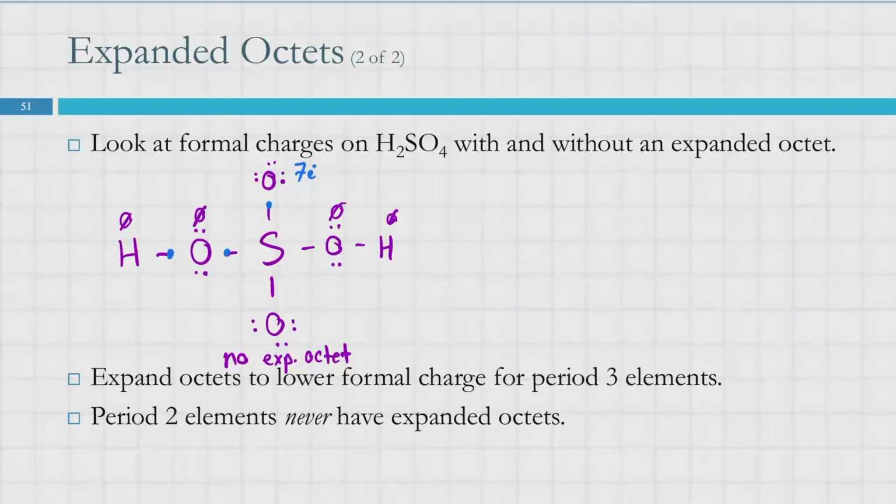They've got 7 electrons. If we do 7 taken away from 6, that leaves us with a -1 formal charge. We'll also get the same thing for our oxygen on the bottom.